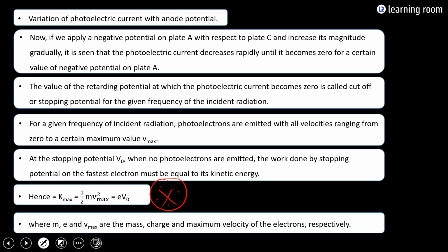You already know these parameters, where m is the mass, e is the charge of the electron, and Vmax is the maximum velocity of the electron.